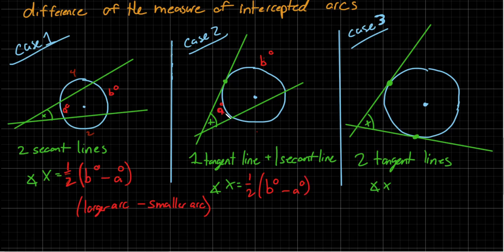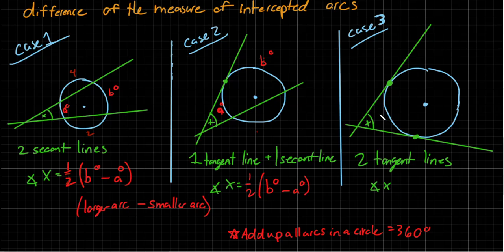Now, how many arcs do I have in number 3? 2, right? Okay, if I add those 2 together, what do they add up to in degrees? 360. Yep. I want to make that a note for a second. Add up all of the arcs in a circle, and we get 360 degrees.